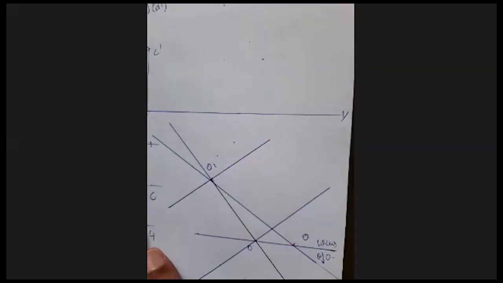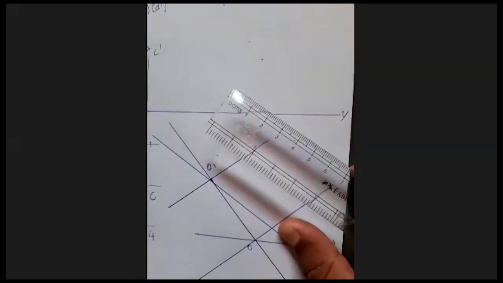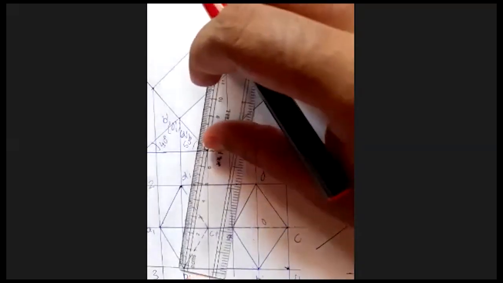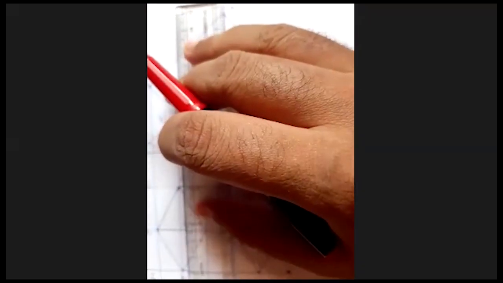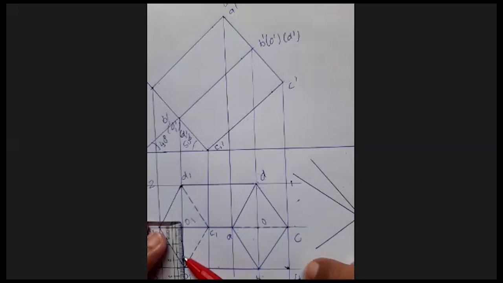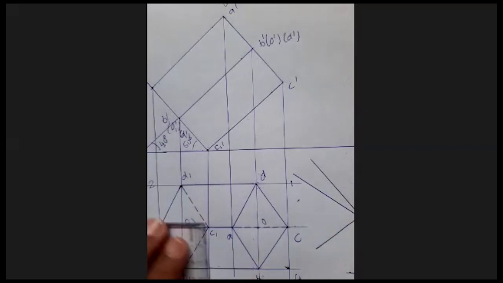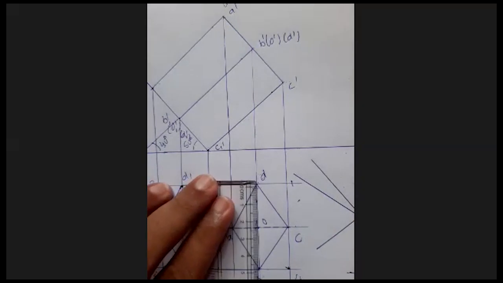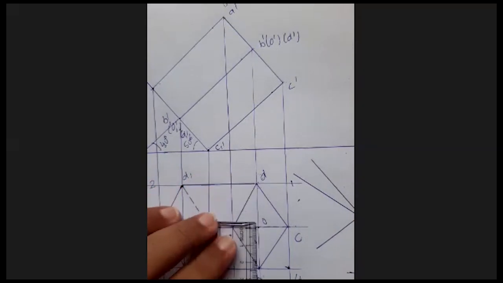Okay, then I'm going to measure from O1 to point B. What is the distance from O1 to B1? From O1 to B1, it is 25 mm. The same will be in this case, 25 mm as well.